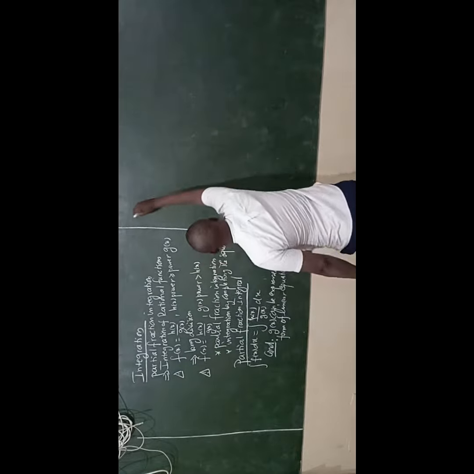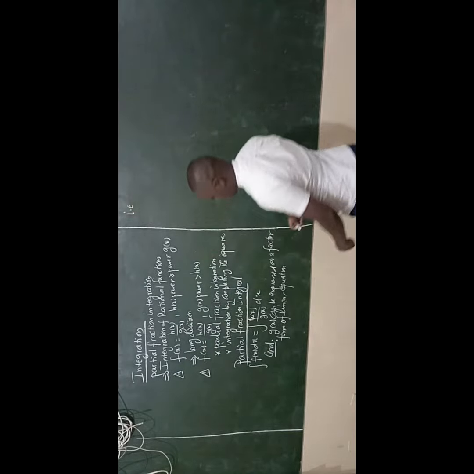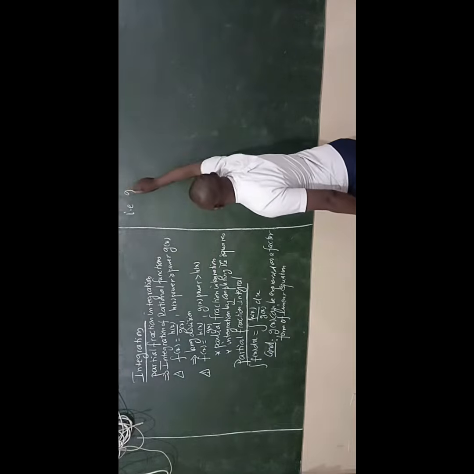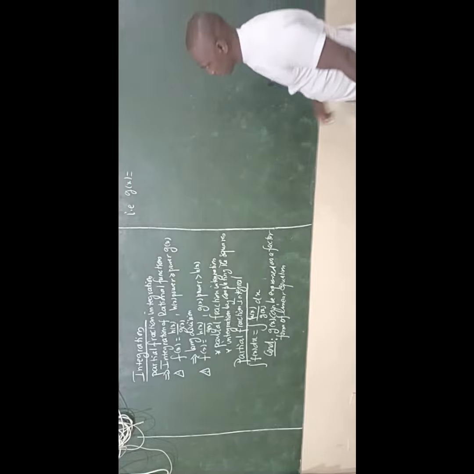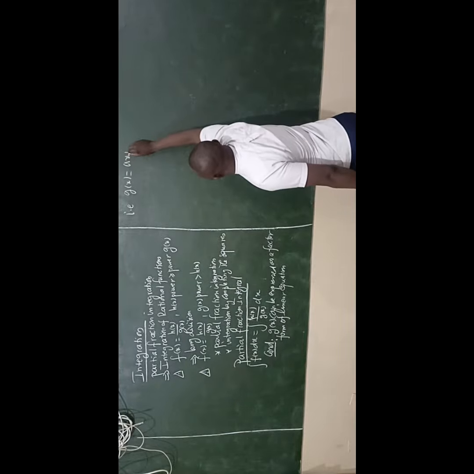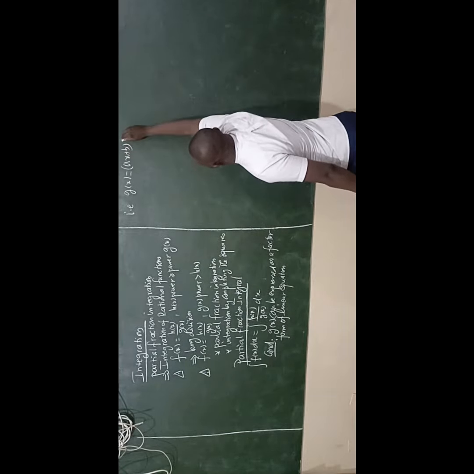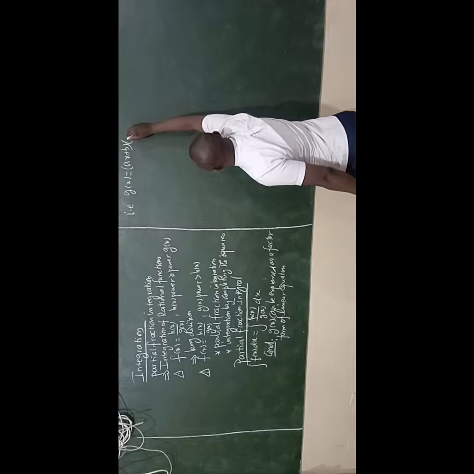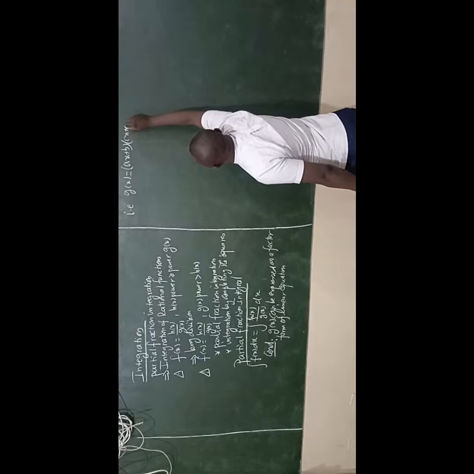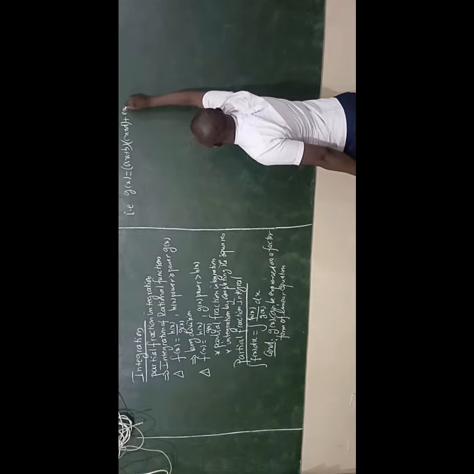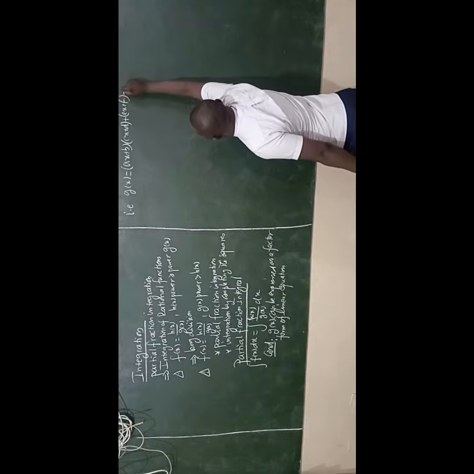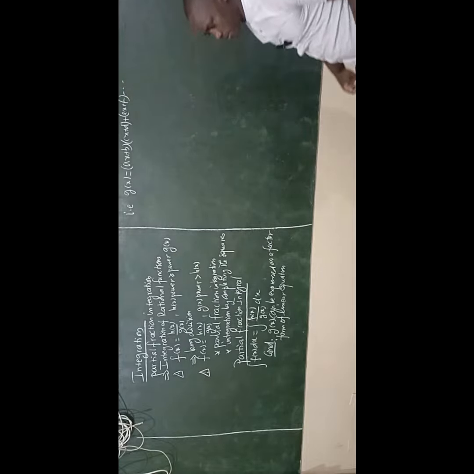That is, g(x) can be seen as (ax+b) into (cx+d) into (ex+f) and so on.